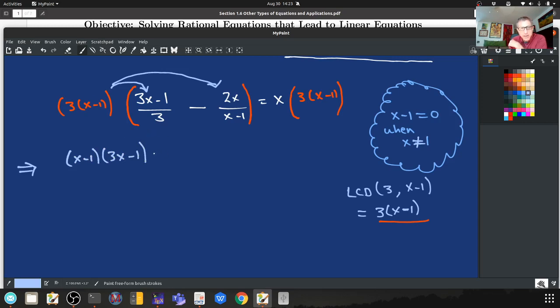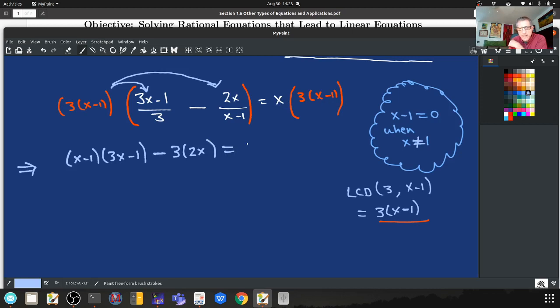Now over here, I've got a minus sign. I'm going to multiply 3 times x minus 1 times 2x divided by x minus 1. So the x minus 1 terms cancel out, and I have 3 times 2x. And over here, all I'm going to do is rewrite this. This is x times 3 times x minus 1.